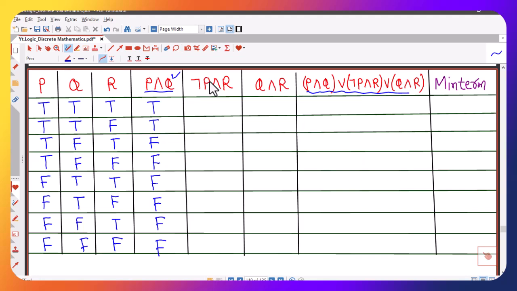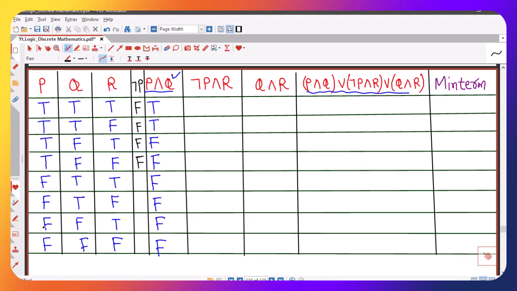Here we have to write negation P and R. So I have to write down the column for negation P also, which I have not written. So here I can write negation P. Negation P has truth values opposite to the truth values of P. Here we have 4 times true, therefore here we will have 4 times false.